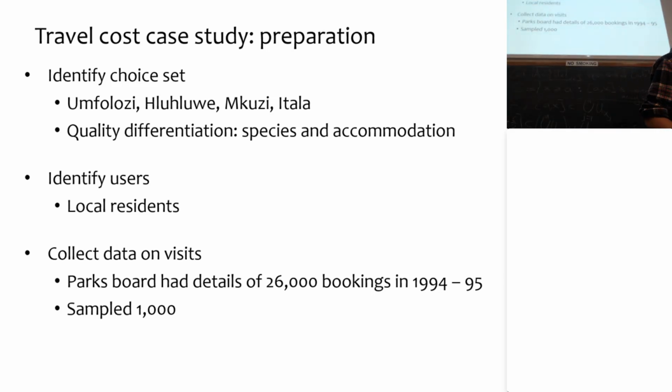You want to identify who is going there, and in this case they decided to restrict the sample to the locals, right? They were not so much interested in what Europeans are willing to pay to see these animals, but they were interested to see what South Africans were willing to pay. Good thing about having overnight stays is that you have administrative data.